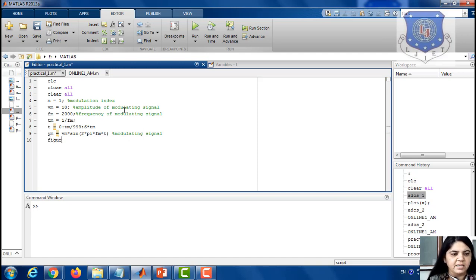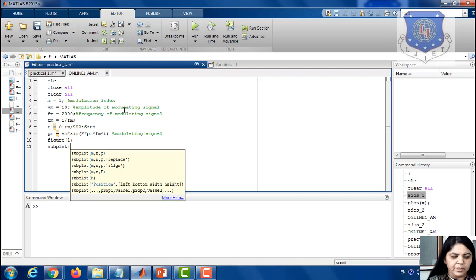I want to display it in a figure, so I write figure 1. I want to make one plot in which all three waveforms appear, so I use the subplot command to divide my plot into 3 parts. I write subplot(3,1,1), the first plot in one column.